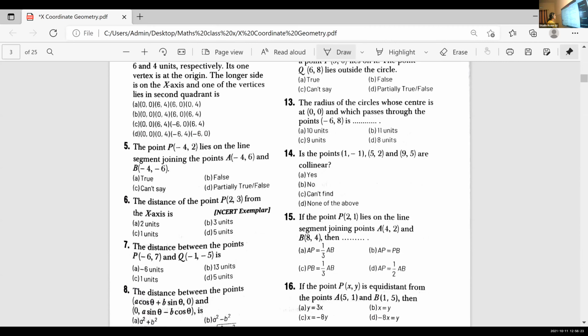Nirupama, what is your answer? Yes, look at the fifth one. What is the answer for the fifth one?